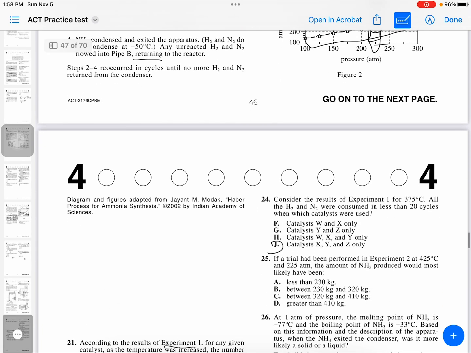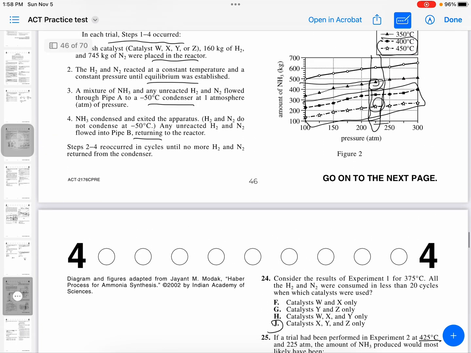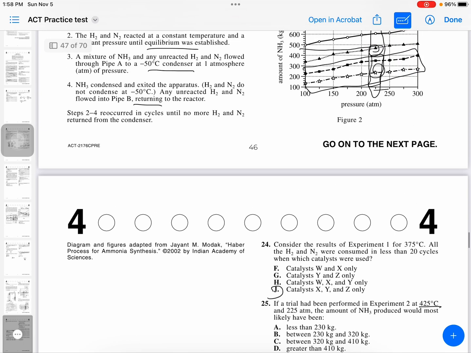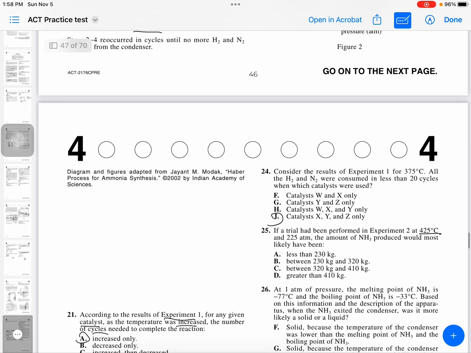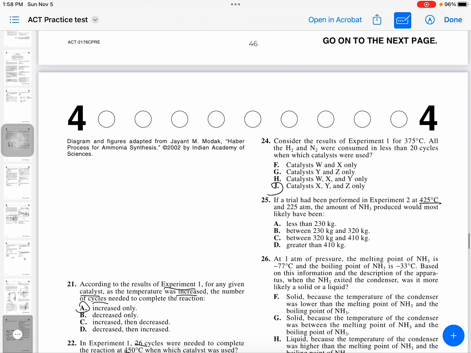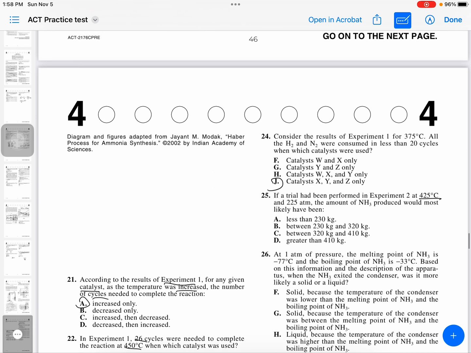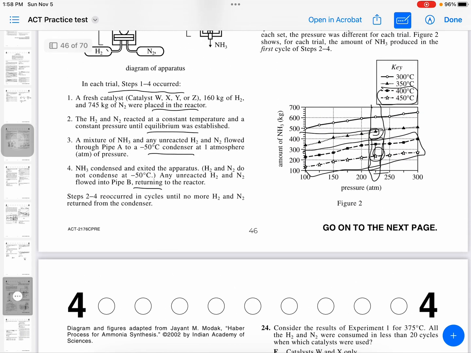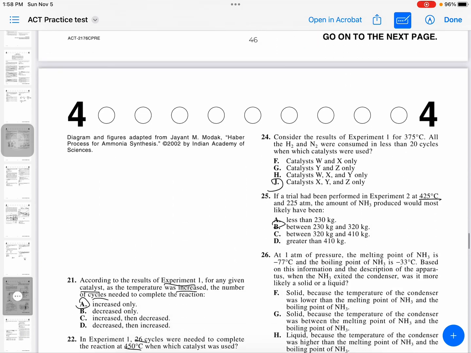And again, 425 is either star or closed square. And then star is roughly 200-something-ish. Yeah, there we are. So we're at 320. It's going to be somewhere in between here.